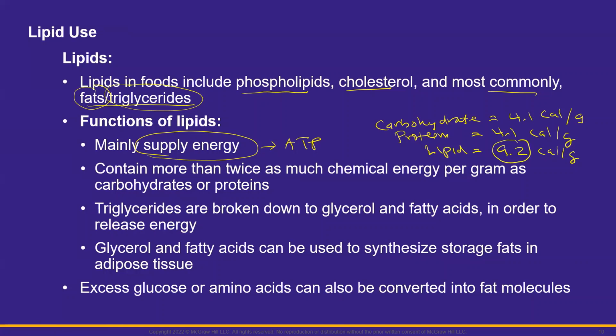So if you eat a burger, for example, they usually give you the number of calories present in that burger. Let's say they say that burger has 1,000 calories. What does that mean? You can see how many grams of carbohydrate come from the bread on the burger, how much protein is from the meat, and how much lipid or fat is in the meat.